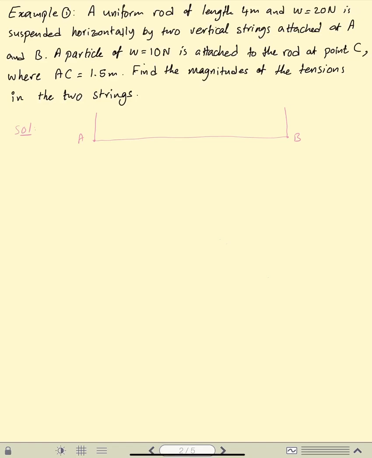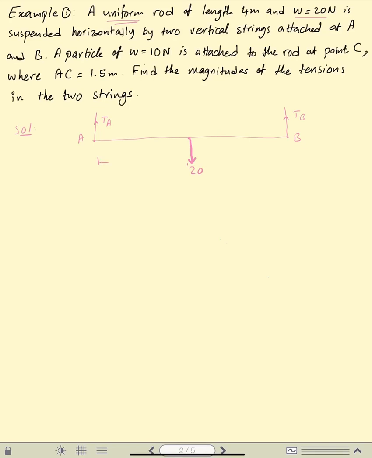When we say string, we mean we have tension, like we learned in dynamics and statics. So the tension of the string attached at A, we call it TA. Tension of the string at B is TB. Since the rod is uniform, we draw the weight, 20 newtons.